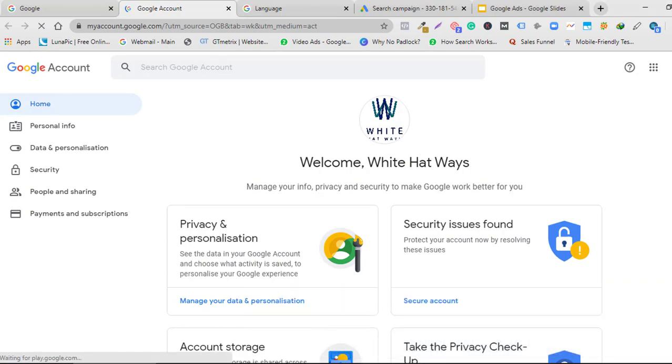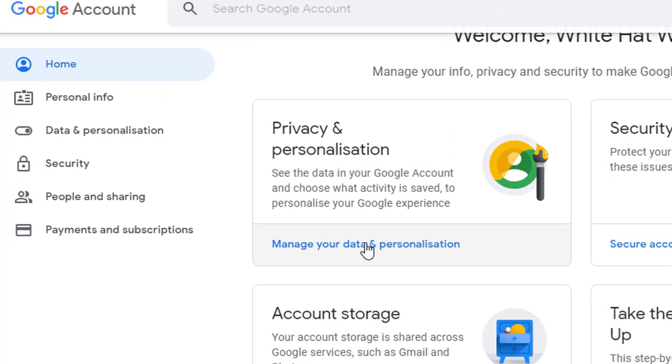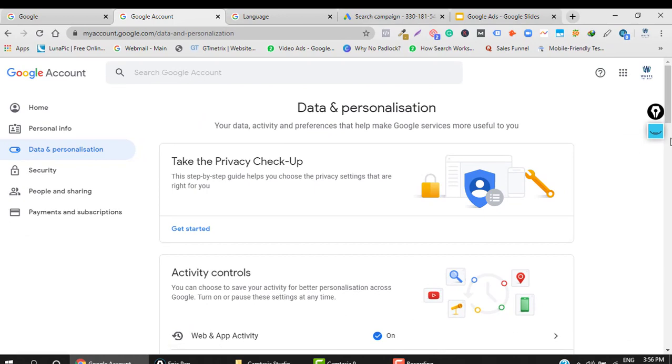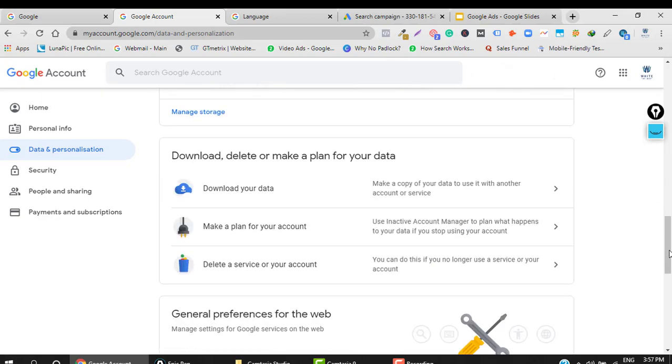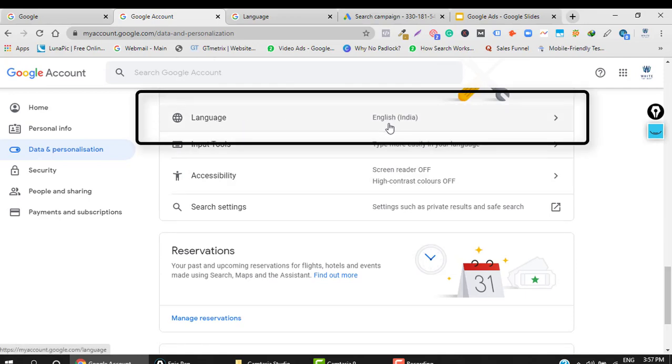And then you go down below. You will click on manage your data and personalization. And then further down, over here you can see language is set as English India.